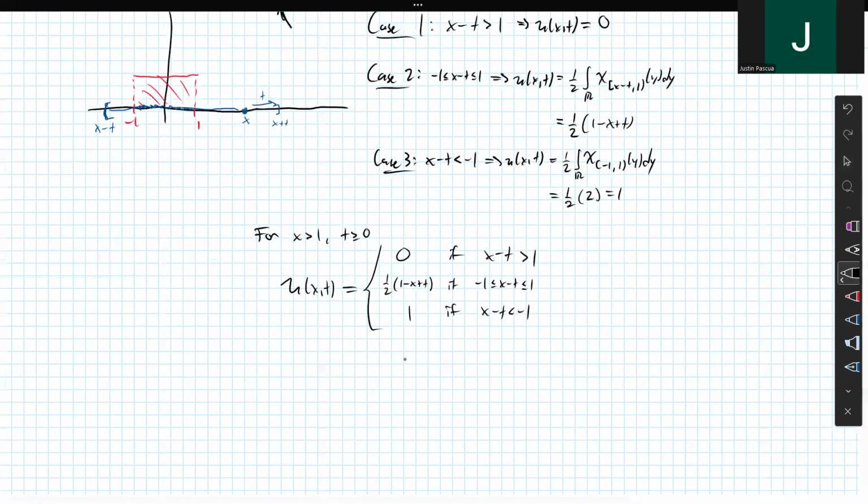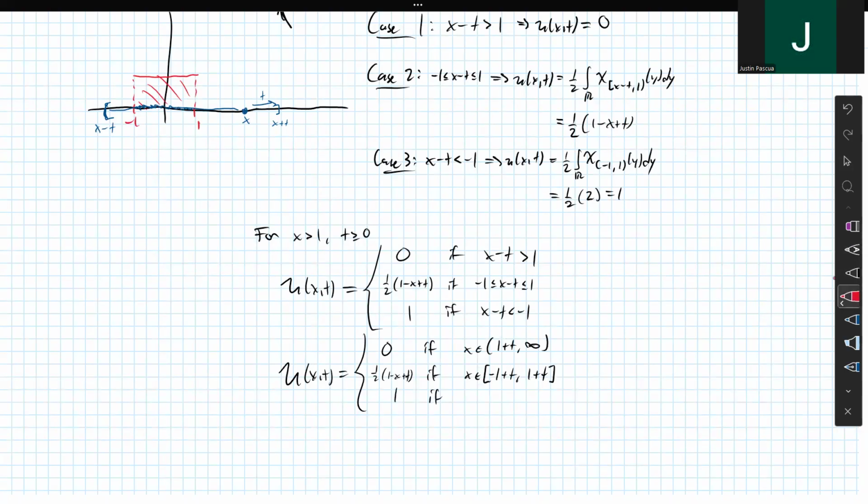So we can do a bit better than this. We can rewrite these inequalities as statements about where x is. So this is equivalent to saying that x is in the open interval from 1 plus t to infinity. The second condition is equivalent to saying x is in the closed interval from -1 plus t to 1 plus t.